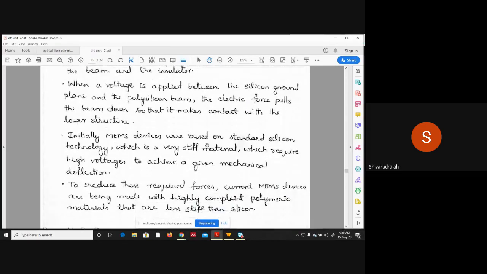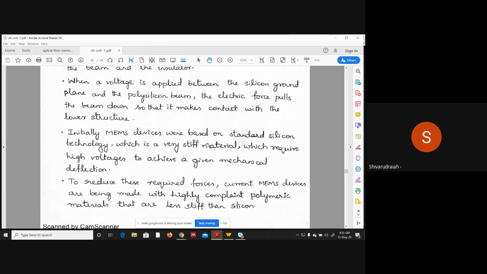To extend the discussion, if the material used for the suspended polysilicon beam is a stiff material, you need to apply high voltages between the ground plane and the suspended beam in order to achieve the mechanical deflection.